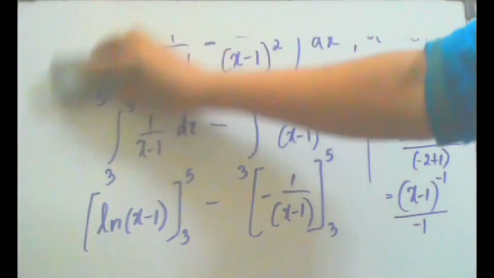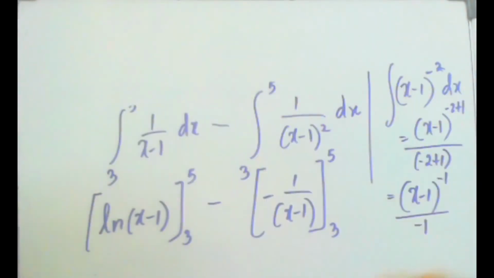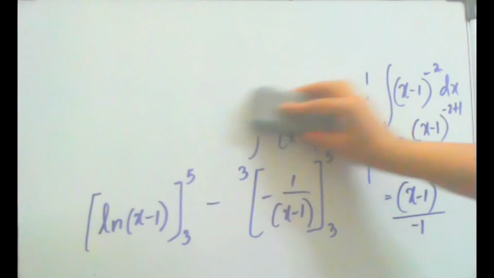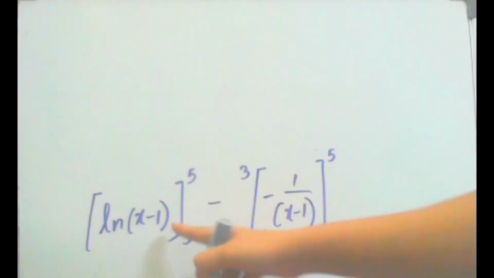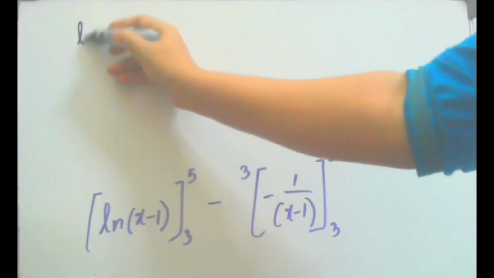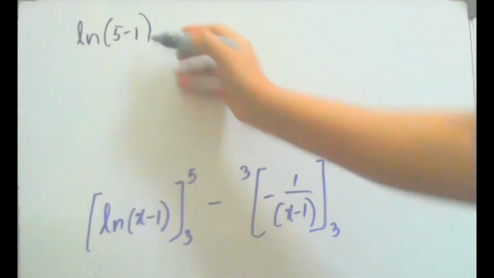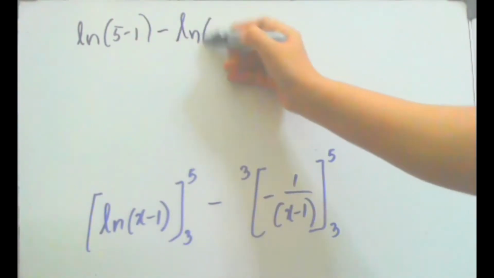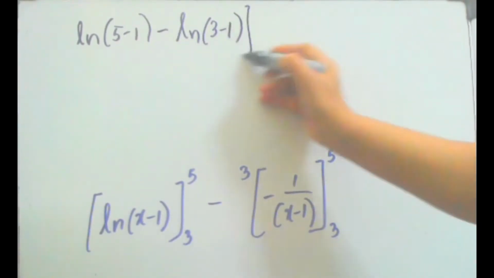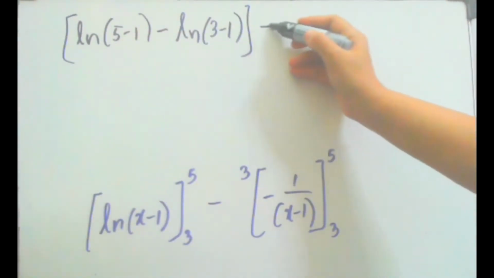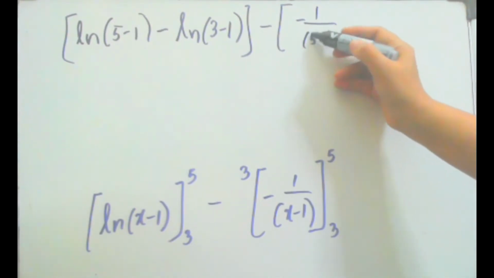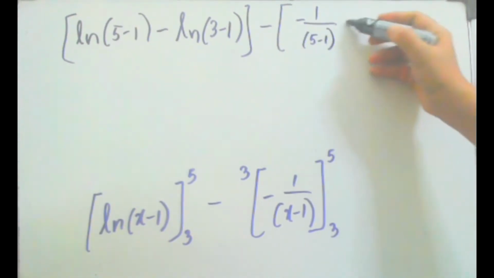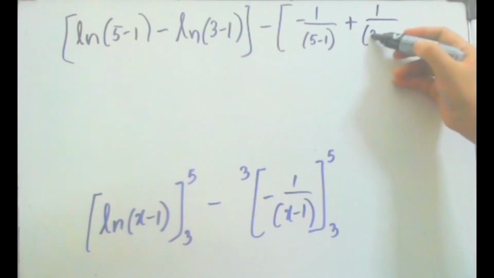Alright, so we'll continue here. By applying the limits, we get ln(5 minus 1) minus ln(3 minus 1) from the first integration, minus 1 over 5 minus 1, minus of minus becomes plus 1 over 3 minus 1.